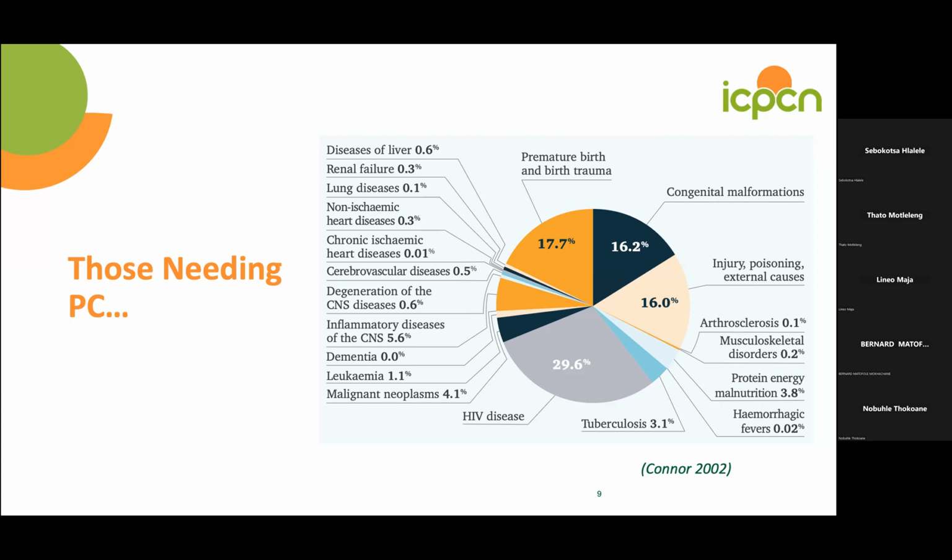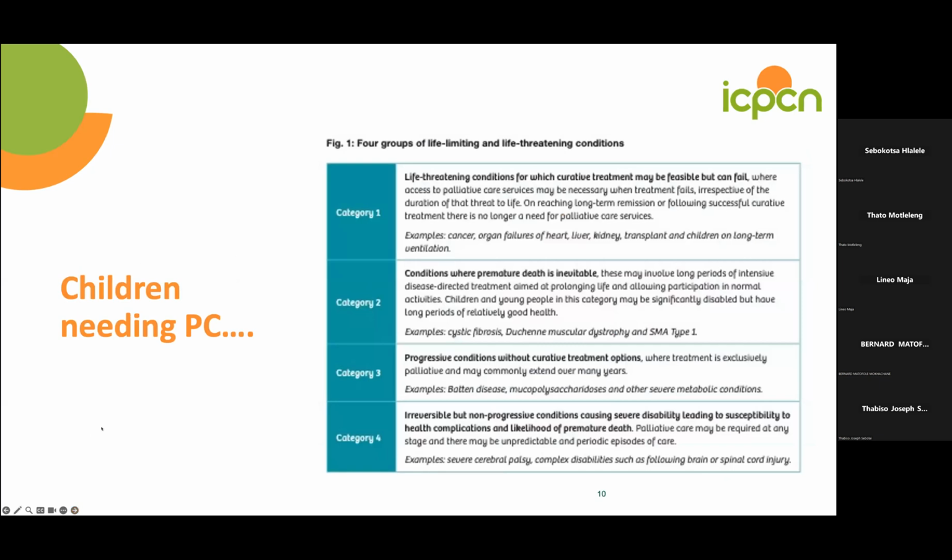There's some with protein energy malnutrition. Yes, of course, if we can reverse the malnutrition, we need to do so. But we know that there are some children for which that won't be possible. So you can see a wide range of conditions that children may have who need access to palliative care. And there's work being done.